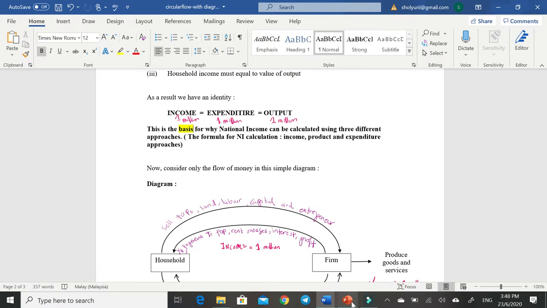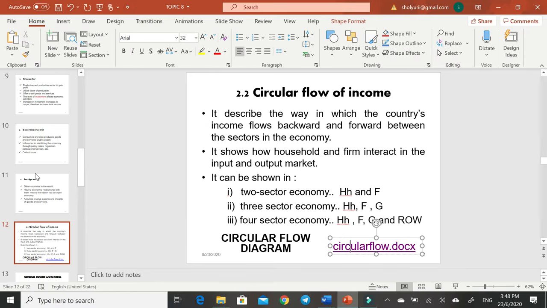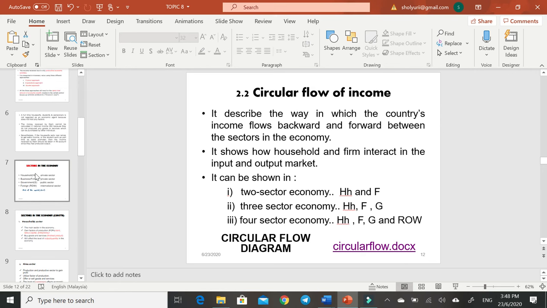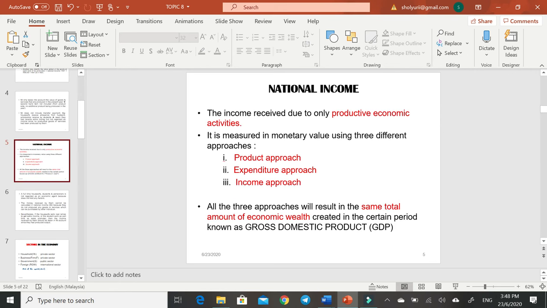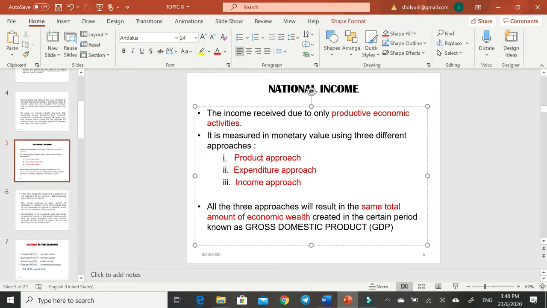Kan saya kata masa kita belajar dalam slide tadi kan, ada 3 approach untuk calculate national income: product ataupun output approach, expenditure approach, income approach. Nampak tak tadi?